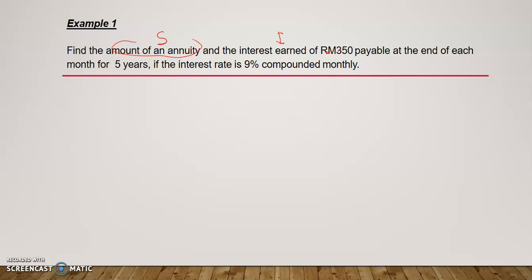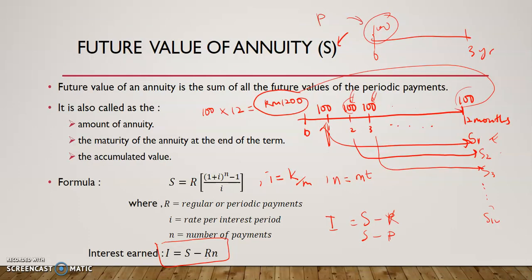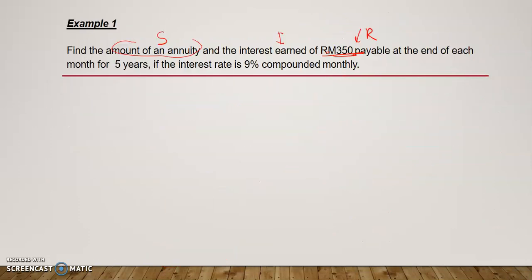So this 350 ringgit is the value of R. R refers to the regular payment, the regular investment. We will invest RM350 every month for 5 years. Of course, 5 years is our t, the term of investment.